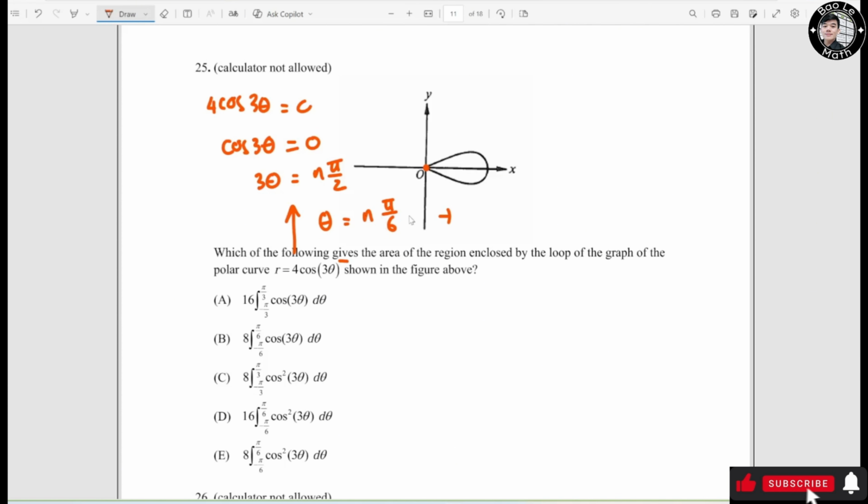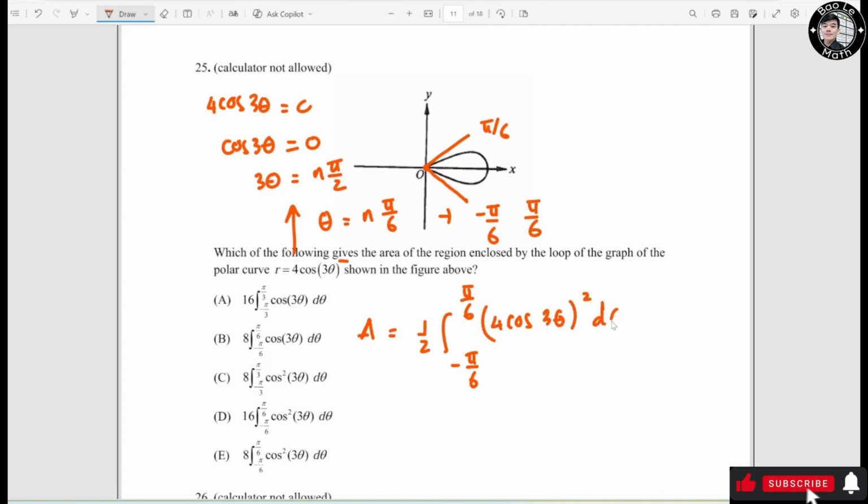When n equals 1, we get pi over 6. When n equals -1, we get negative pi over 6. This one is negative pi over 6 and this one is pi over 6. So the area is 1/2 integral from negative pi over 6 to pi over 6 of the radius squared, which is (4 cosine 3 theta) all squared d theta.